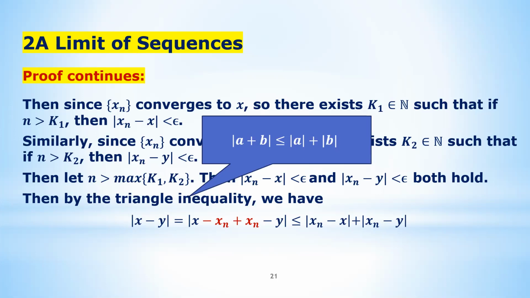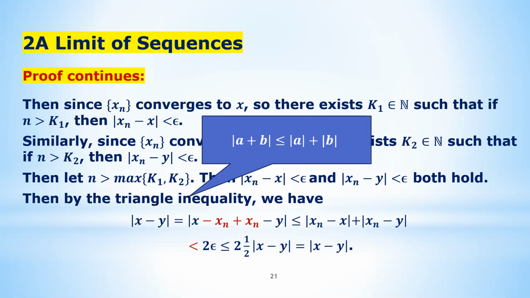So the two terms on the right side now control |x minus y|. That's the key step you should use in order to show the contradiction. Why? Because I know exactly how to control xn minus x and xn minus y. I know that both terms are less than epsilon by the previous conditions, right?